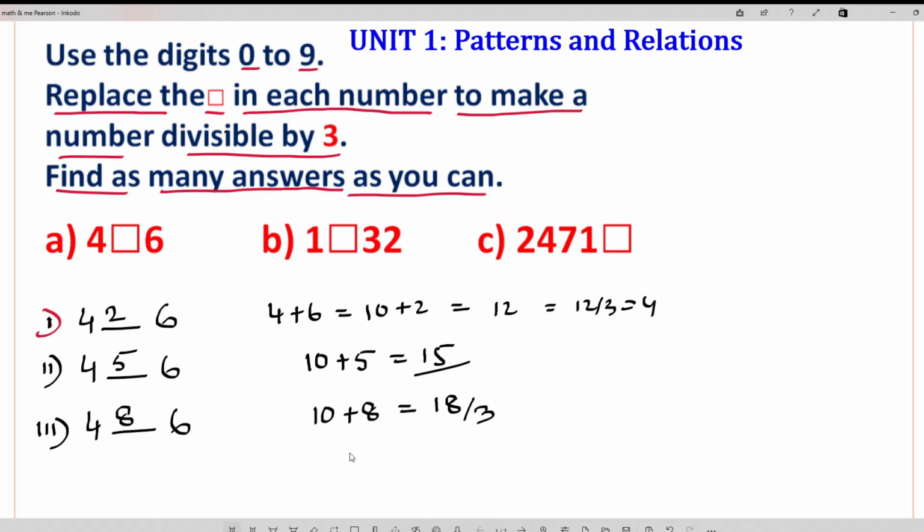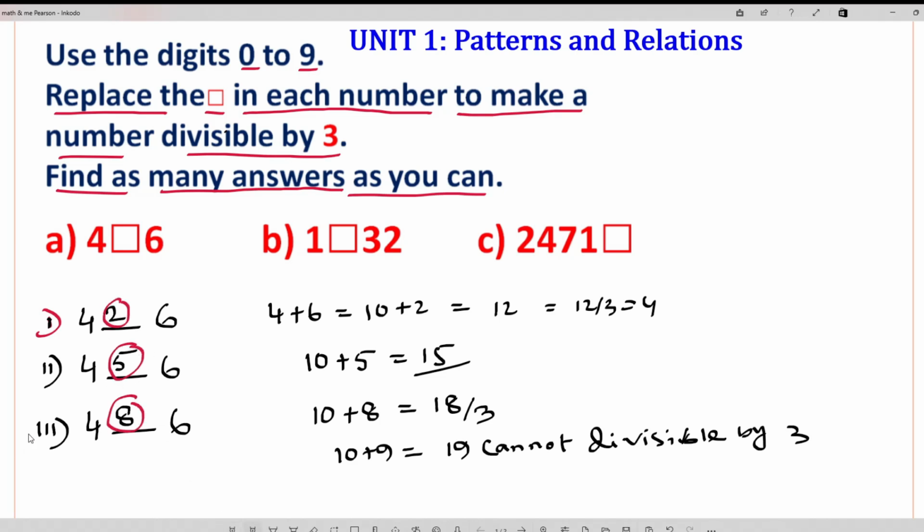But if we put 9, look, 10 plus 9 is 19. 19 cannot be divisible by 3. So for 4 box 6, we got 3 numbers. One is 2, another one is 5, another one is 8. So we complete this one.